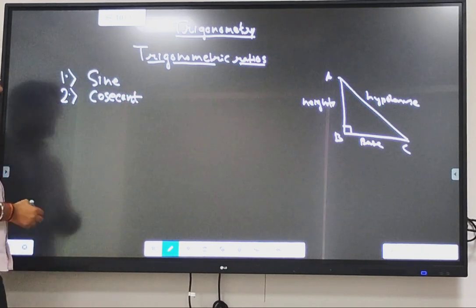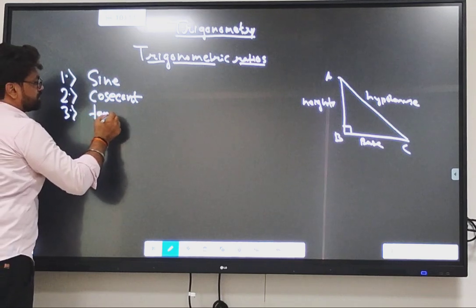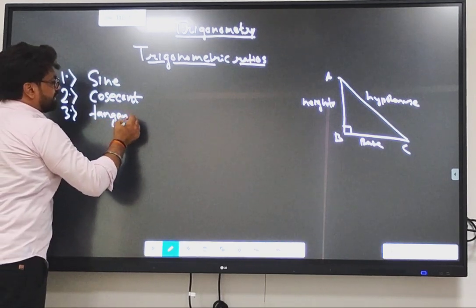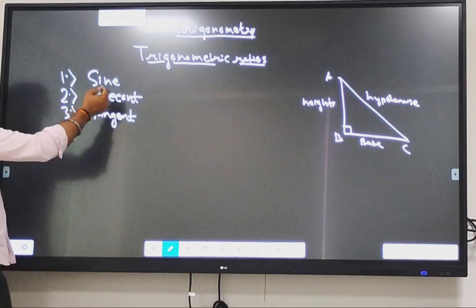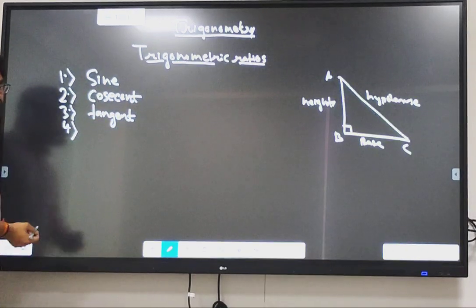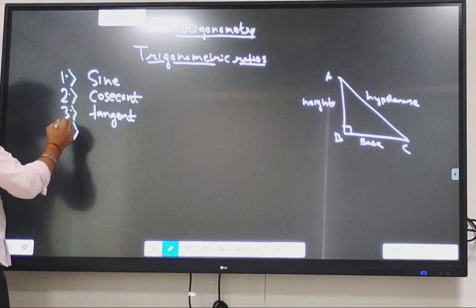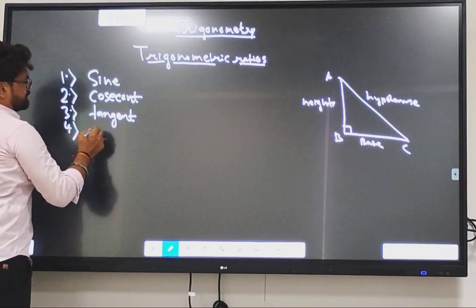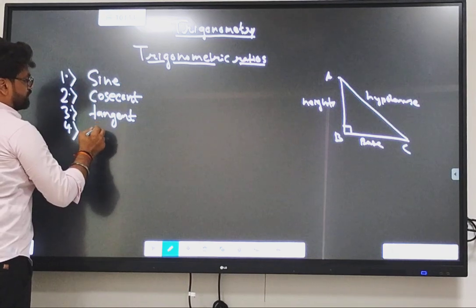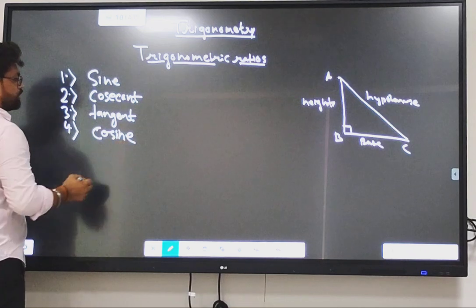Second is cosecant. Third is tangent. Fourth, we have sine, cos, tan, and then we will take the reciprocal of sine, cos, and tan. So the reciprocal of sine becomes cosecant.